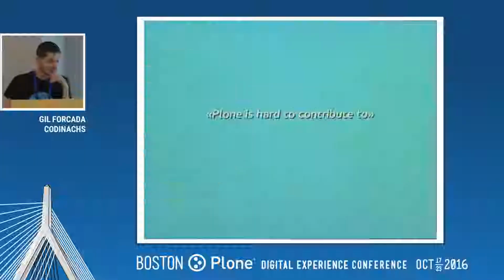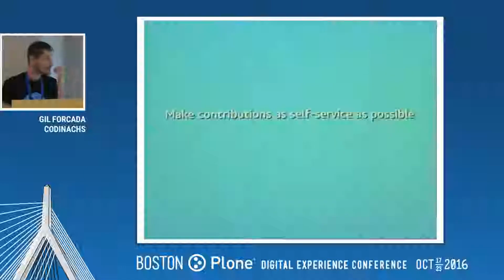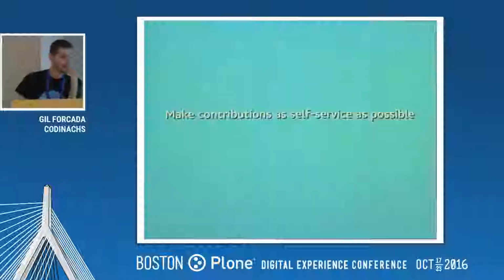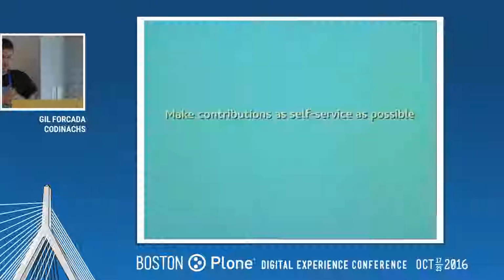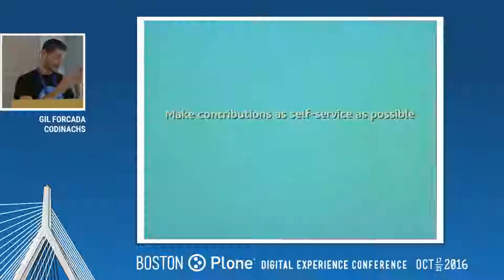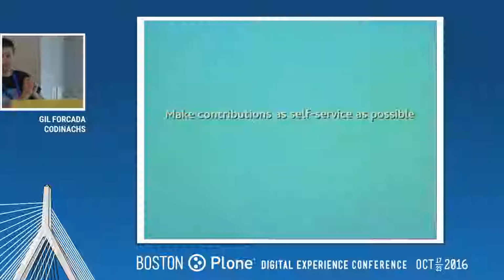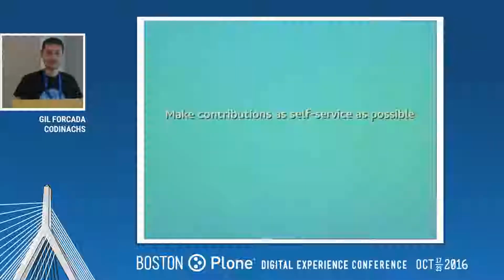Okay, perfect. So everyone says, and it's the ongoing topic, Plone is hard to contribute to. Once you know there's this CSS error here, or this small Python function that doesn't do what you expect, then you make a pull request.